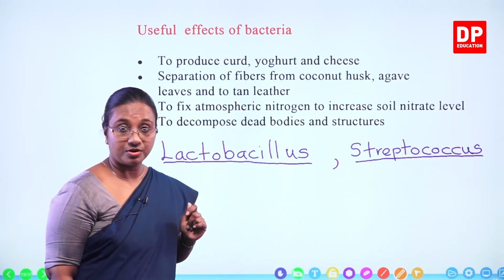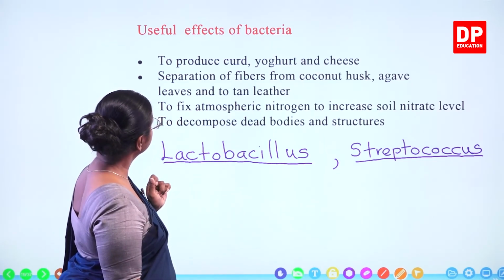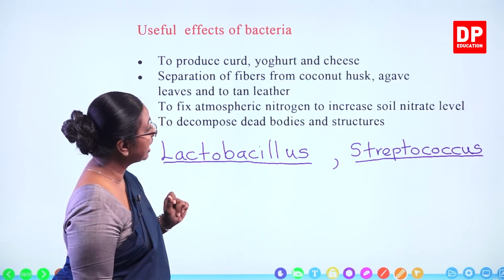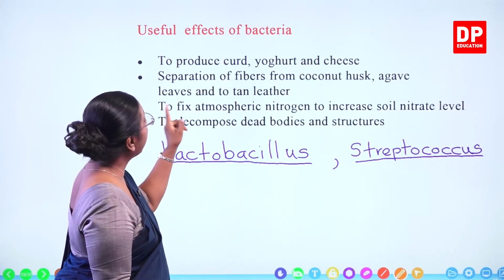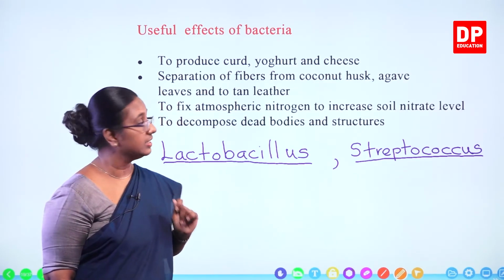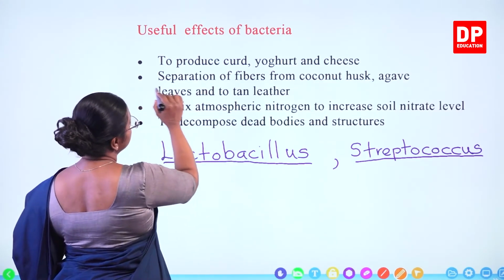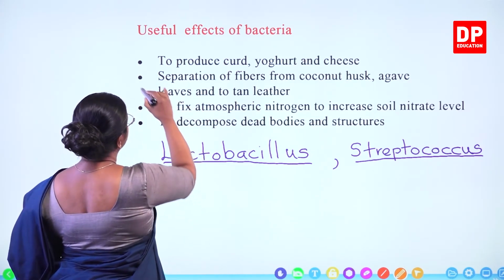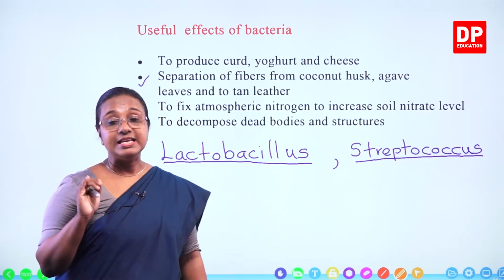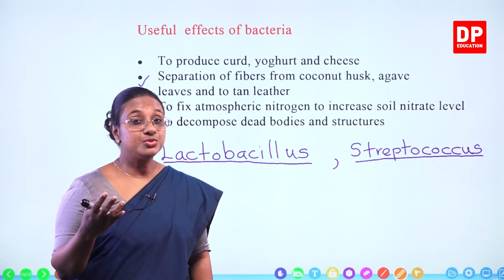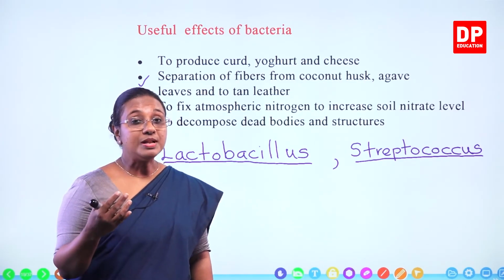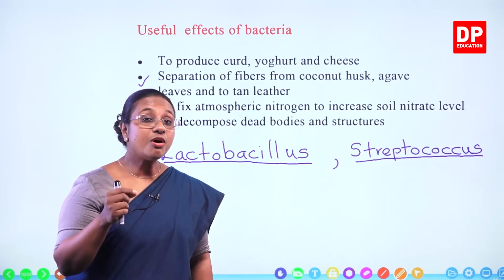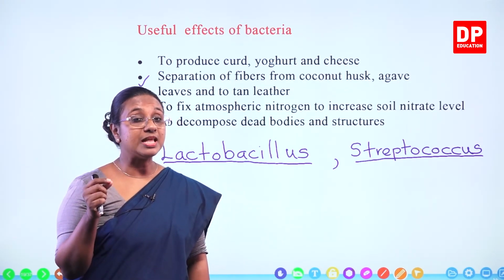Then the next use: separation of fibers from coconut husk, agave leaves and also to tan leather. So there are two uses. This is one, separation of fibers from coconut husk, agave leaves. You know these examples. Normally, it is a bacteria that is used to dissolve the pectate. You can remember that, students.